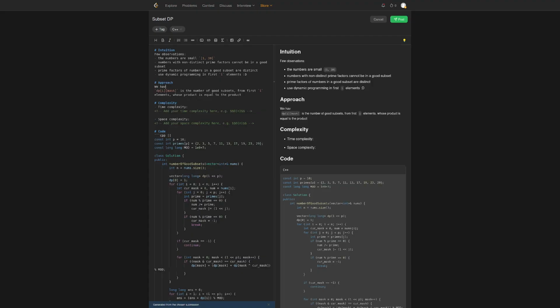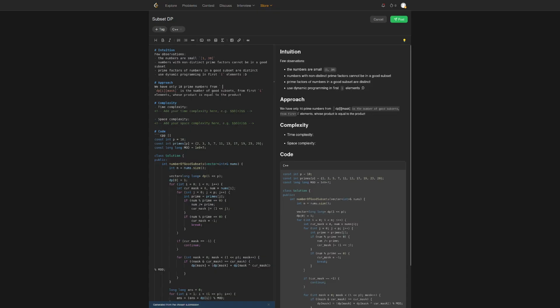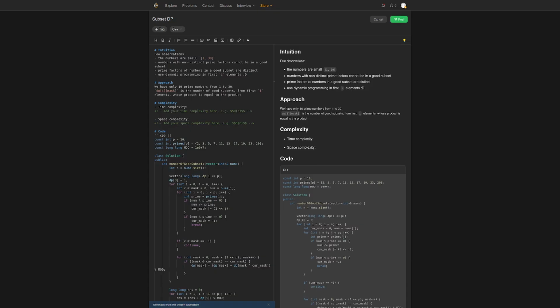We have only 10 prime numbers from 1 to 30. That's intuition. Now approach. We have only 10 prime numbers from 1 to 30.